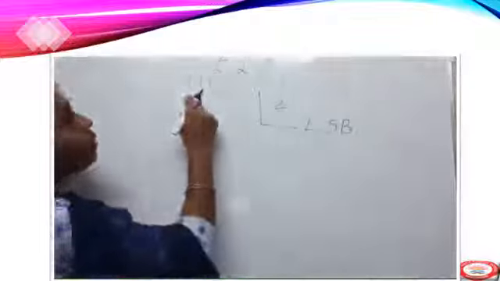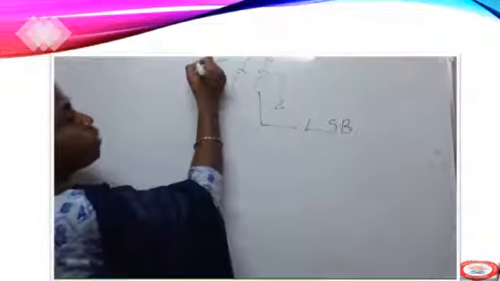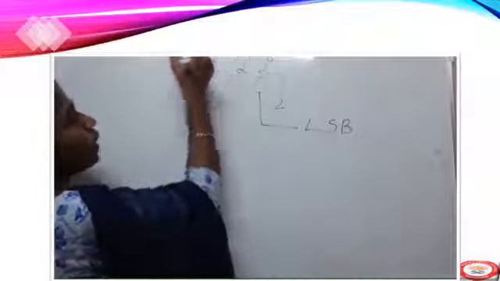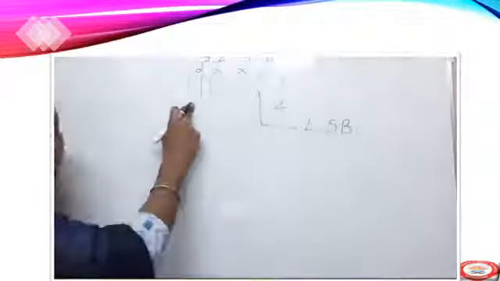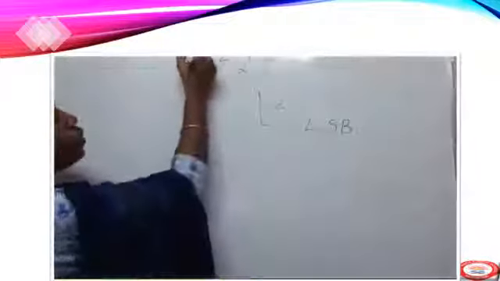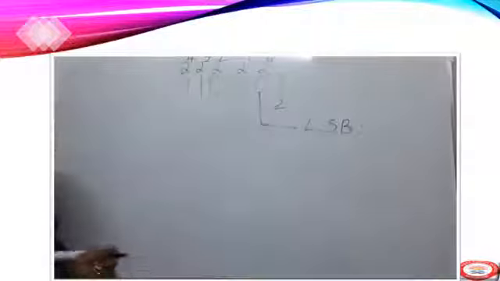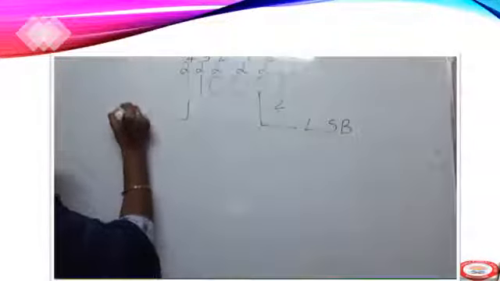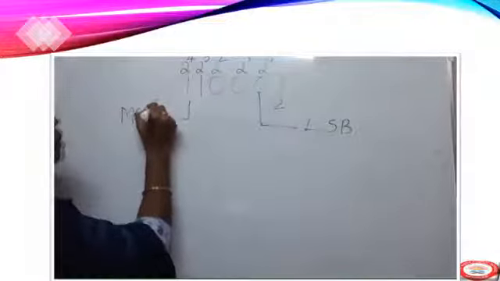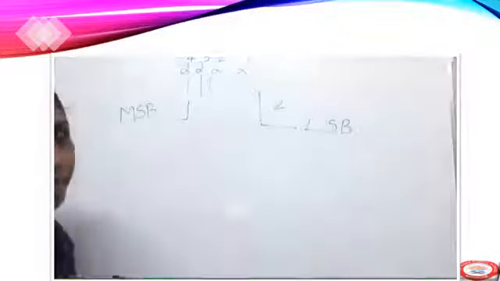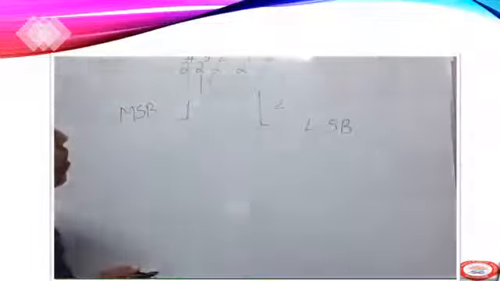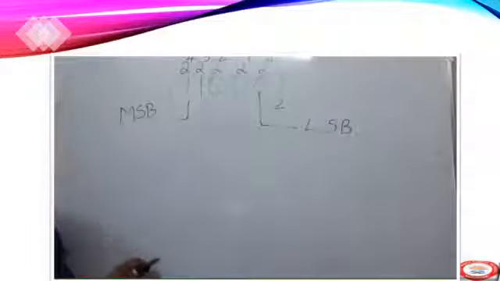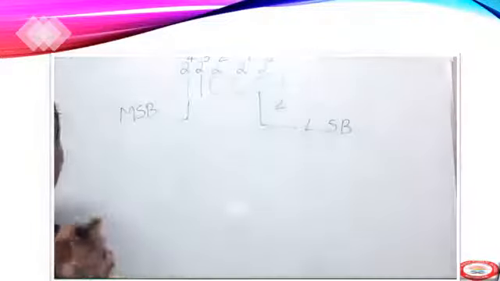Then what is the place value of this one? That is equal to 2 to the power of 3. And what is the place value of this bit? That is equal to 2 to the power of 4. This one is also known as the most significant bit. Next, we have to multiply by the place value of each bit.